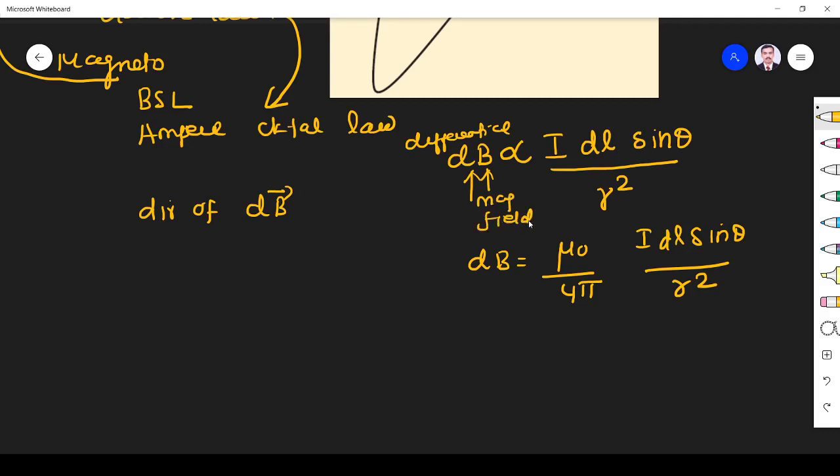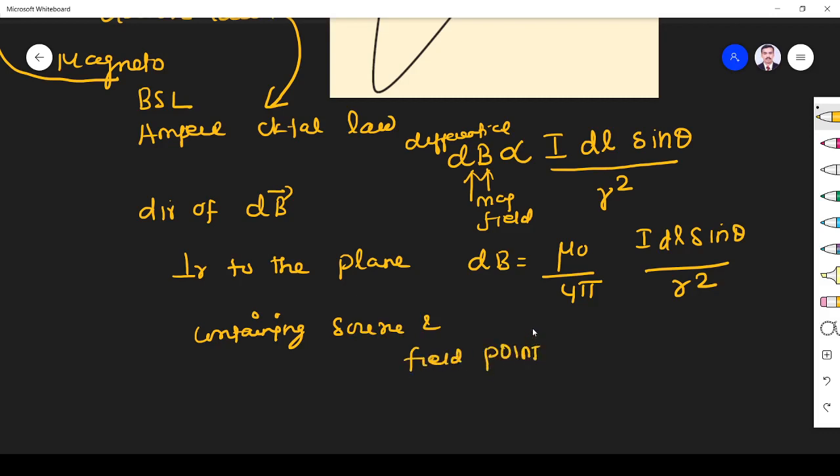Because it is produced by Idl, not by the total length L. The direction of the differential magnetic field is perpendicular to the plane containing the source and the field point.